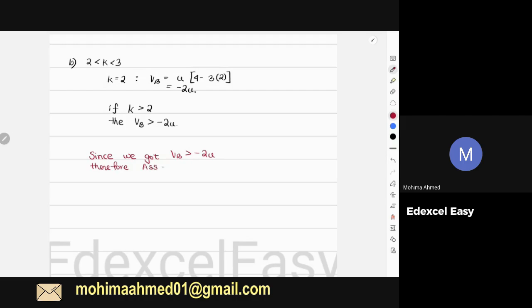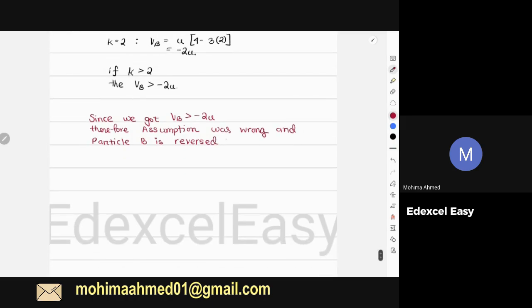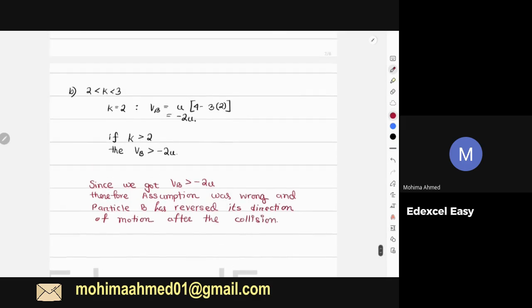Therefore, the assumption was wrong and particle B has reversed its direction of motion after the collision. Is this clear?